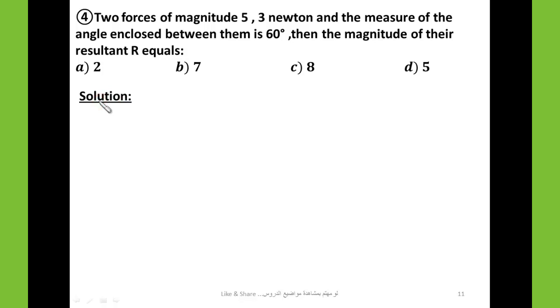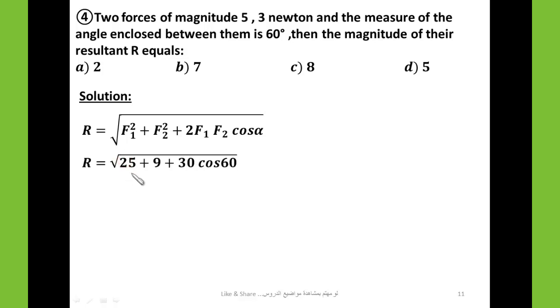Now, applying the rule, we have R equals square root of f1 square plus f2 square plus 2 f1 f2 cosine alpha, and we substitute by the values of f1 and f2. So we have f1 square is 25, f2 square is 9, plus 2 multiply f1 f2, 2 multiply 5 multiply 3 equals 30 cosine 60.